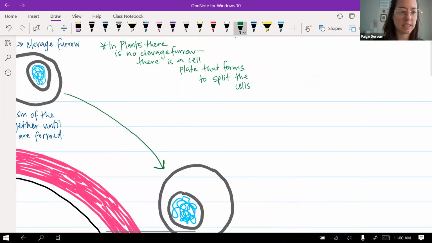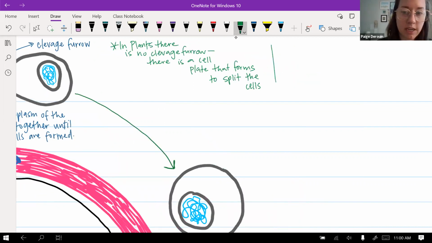So you have basically a rectangular plant cell and a cell plate grows through the middle and it keeps getting longer and longer until it cuts off the two cells, and that's your cytokinesis. This is cell 1 and this is cell 2 now.